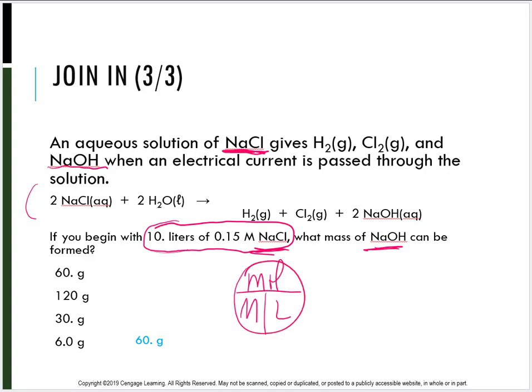So first thing that I saw, since I'm given liters of sodium chloride and concentration of sodium chloride, I go, oh, if I multiply these two together, I'll get moles of sodium chloride.